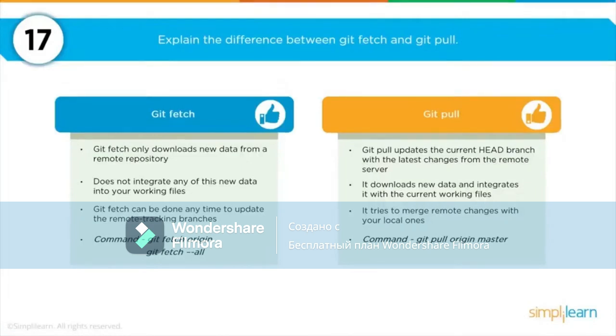In contrast, git pull updates the current head branch with the latest changes from the remote server.